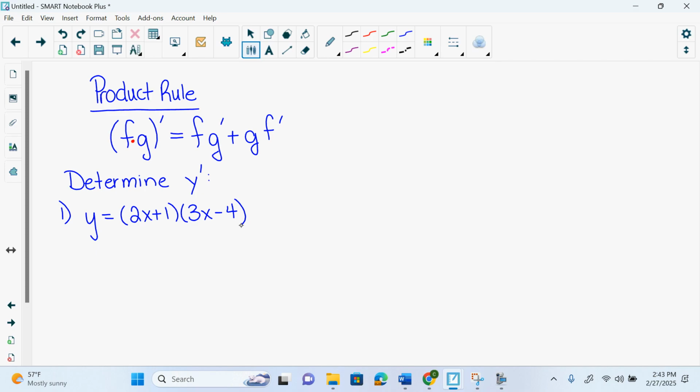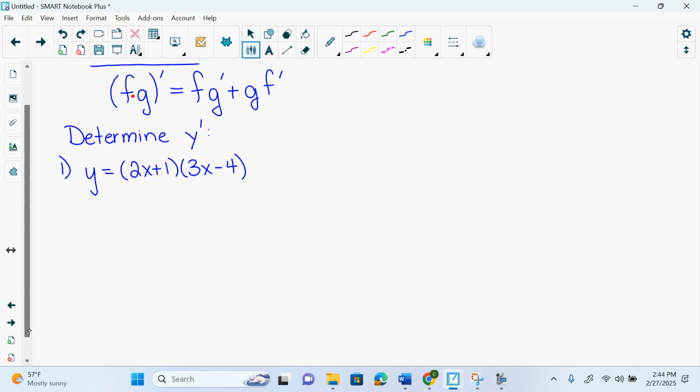Now, some people may say, can I not just expand that and do power rule? Yep. We're also going to show that you can do product rule, because it's not going to stay nice and just polynomials all the time. We're going to have trig, or chain rule, or exponents. So we're going to go through the basic stuff first.